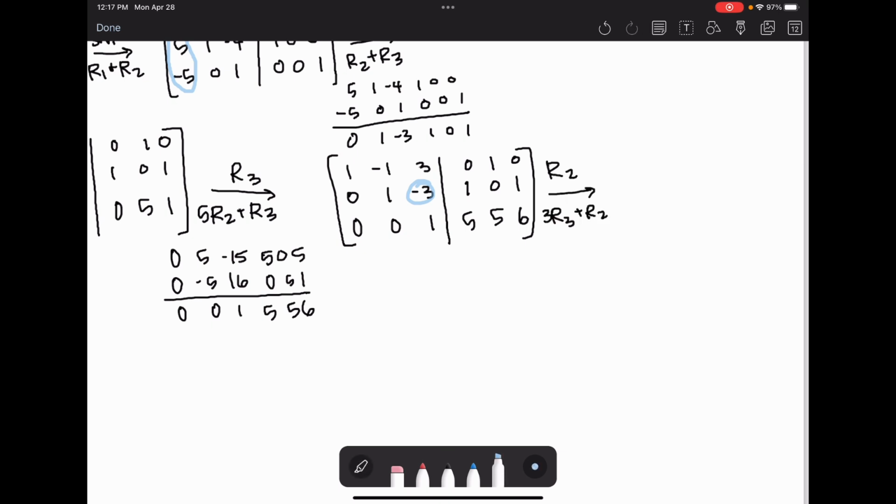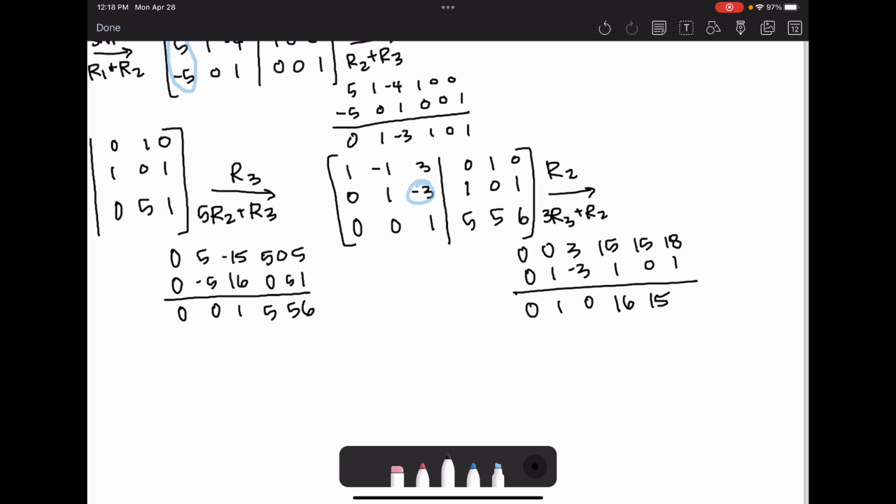And so then that'll get these to add together to be 0. So that's 0, 0, 3, 15, 15, 18. And we're going to add that to 0, 1, -3, and 1, 0, 1. So our new row 2 is going to be 0, 1, 0, which is what we want. And then this will be 16, 15, 19.